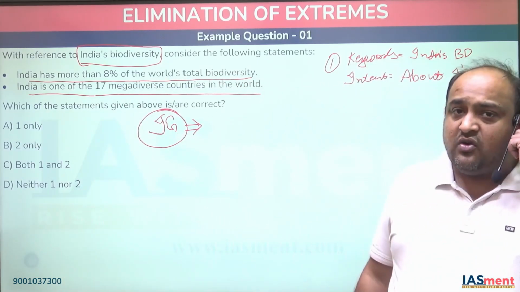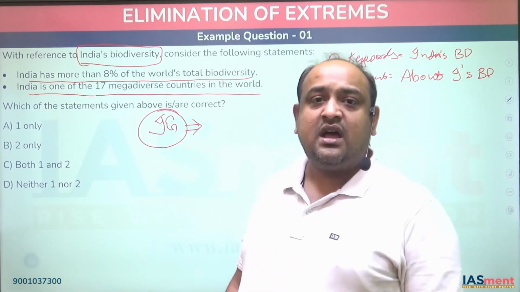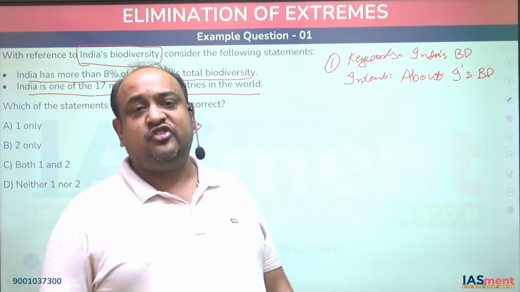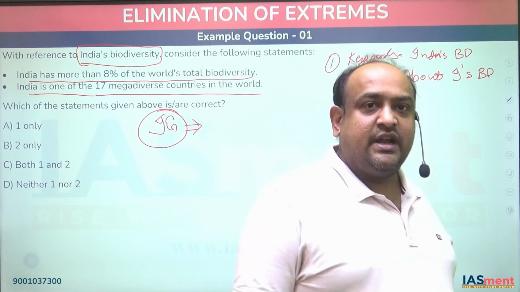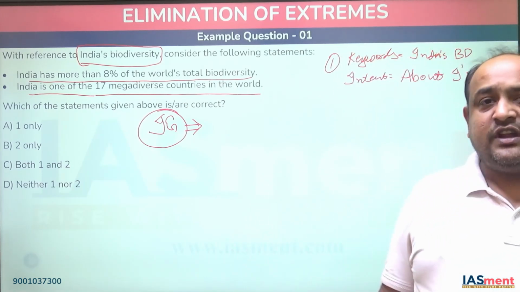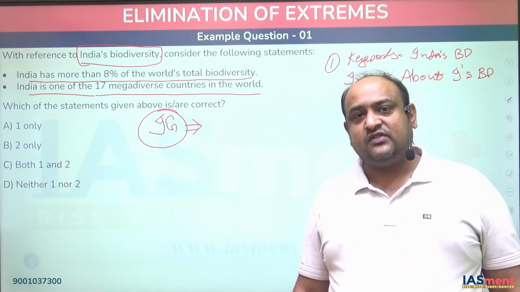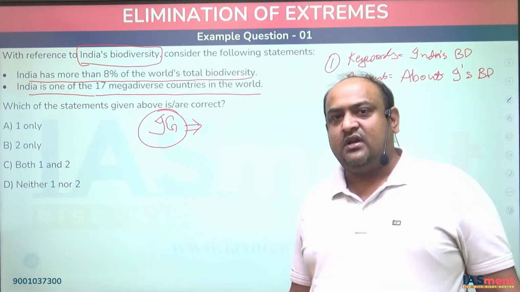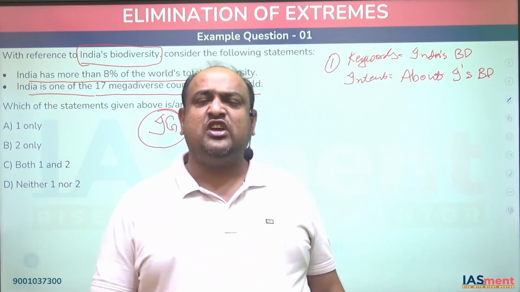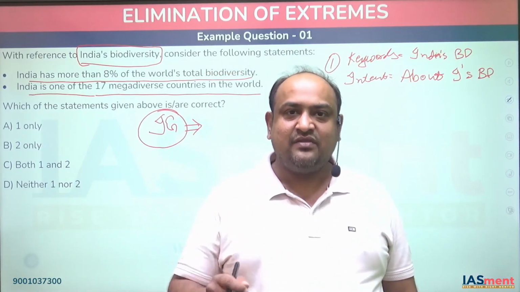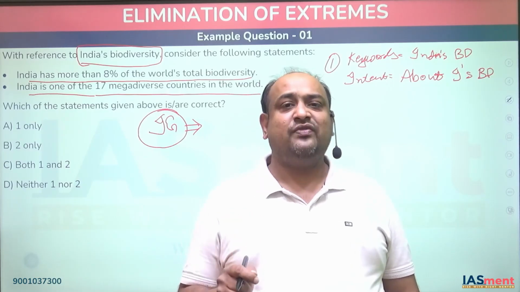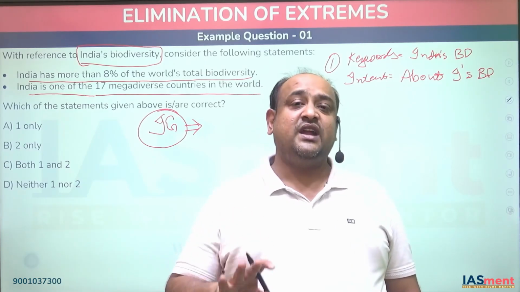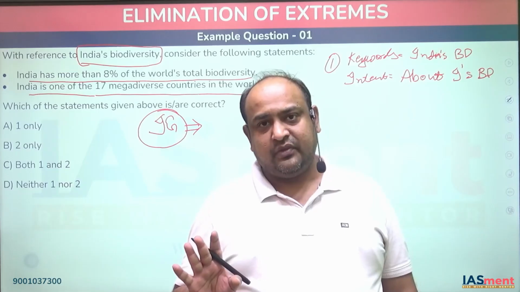We all know that India is very much rich in biodiversity. This is a very general thing. Even if you don't know anything about it, this is a very common thing that we all know that India is rich in biodiversity.